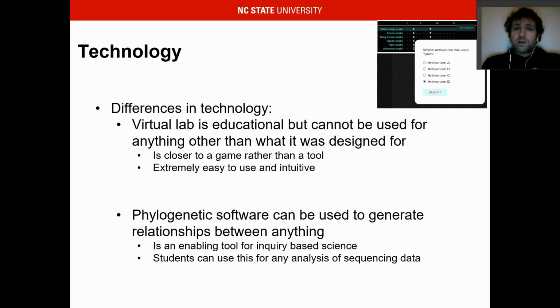The differences in the technology: the virtual lab is educational, but it's more for entertainment value and educational value. It's not enabling the students to go off and answer their own questions. The phylogenetic software can do that, and you can go further and have them generate questions for further experiments. So it's more inquiry based.